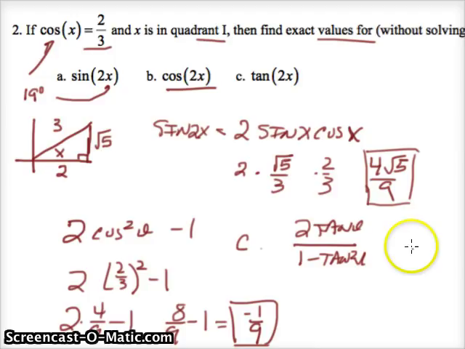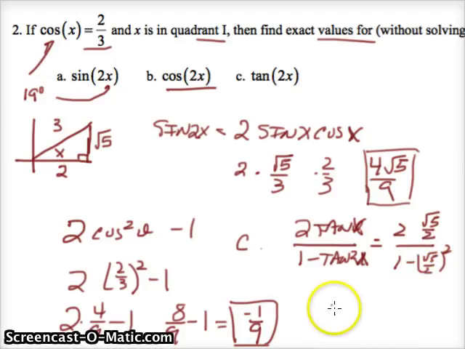Okay, well, actually we're doing it with x here, right? X. Well, what is tangent? Tangent's radical 5/2. So this is going to be equivalent to 2 times radical 5/2 over 1 minus radical 5/2 squared.